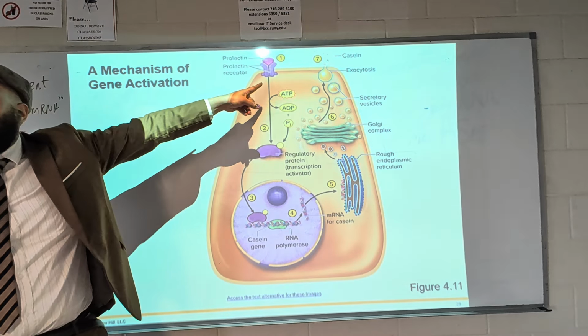Milk. So what happens is prolactin is a hormone. Prolactin is a hormone secreted by the pituitary gland, and then it binds like a lock and a key. Prolactin binds prolactin receptor. Testosterone binds testosterone receptor.